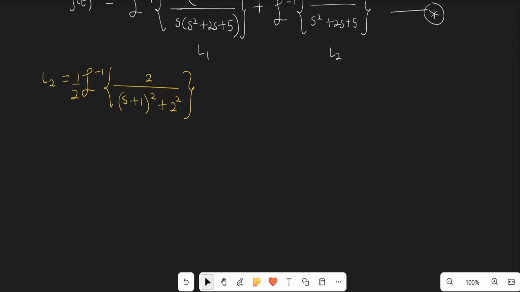Now after doing this, this is something that we know. The Laplace transform of e to the negative t multiplied by sine of 2t is equal to 2 divided by s squared plus 2 squared, but we evaluate s shifted by negative 1. That is, you replace s with s plus 1, so s minus negative 1.